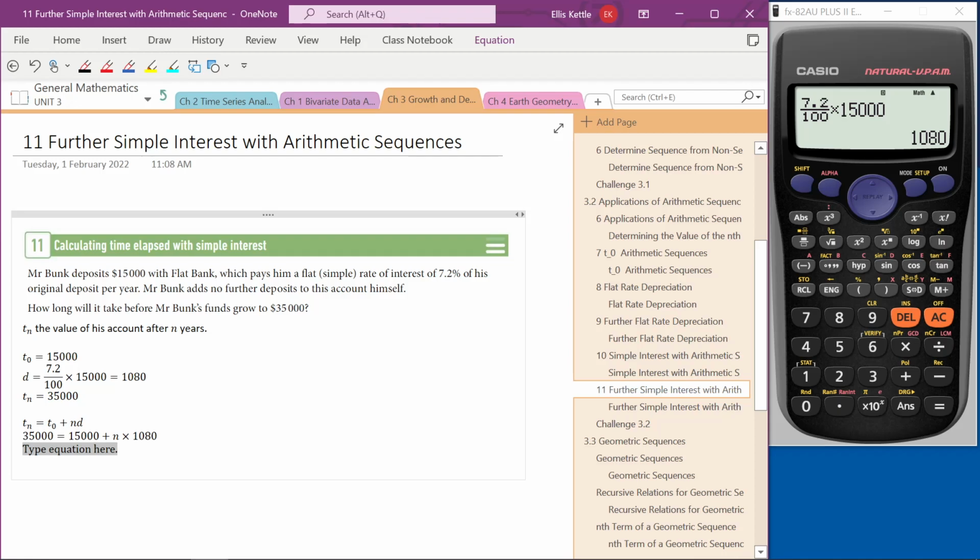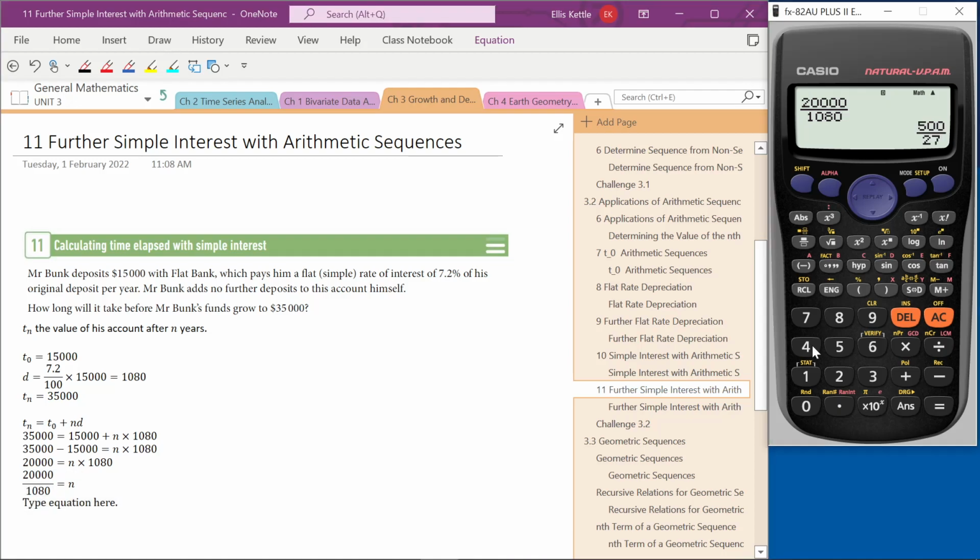Take 15,000 from both sides, we get 35,000 minus 15,000 equals N times 1,080. That leaves us on the left-hand side with $20,000 is equal to N times 1,080. Now we're going to divide both sides by 1,080. So 20,000 over 1,080 equals N.